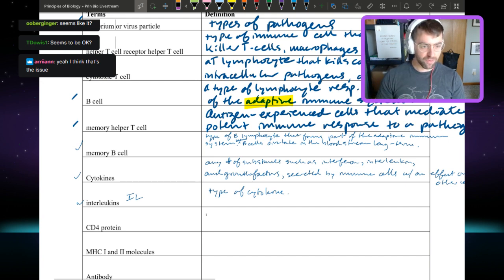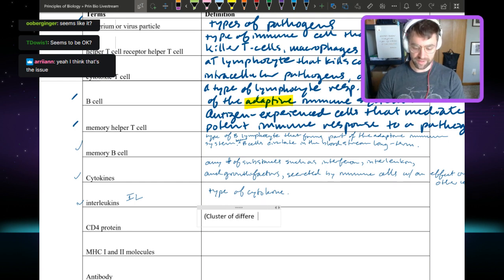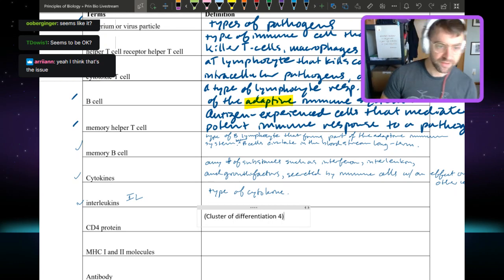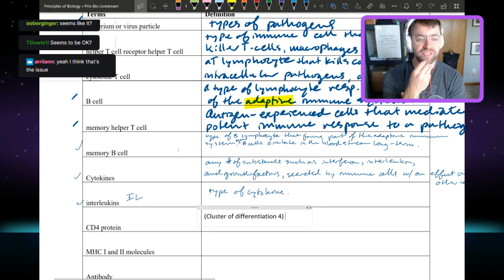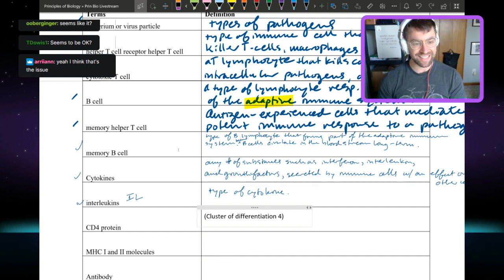So next up we've got CD4 protein. These are cluster of differentiation. CD4 is a glycoprotein that serves as a co-receptor for the T cell receptors, TCRs, which we'll get to in a moment. CD4 is found on the surface of immune cells such as T helper cells, monocytes, macrophages, and dendritic cells.